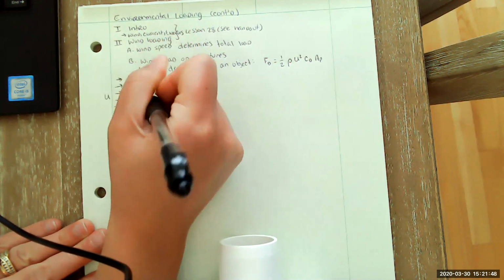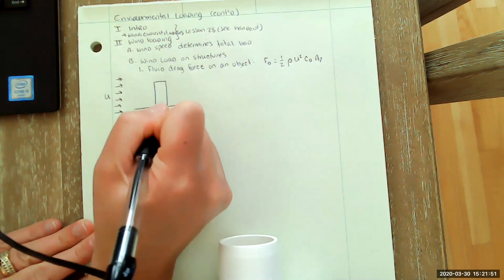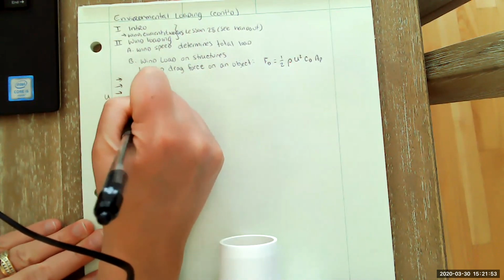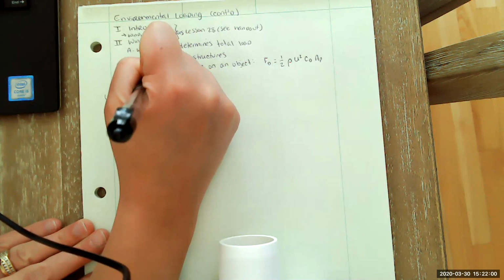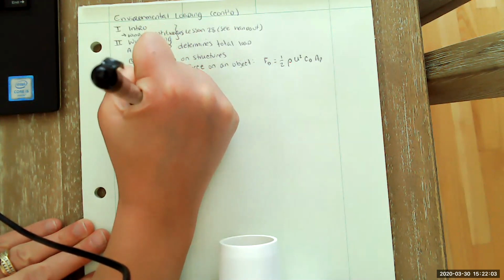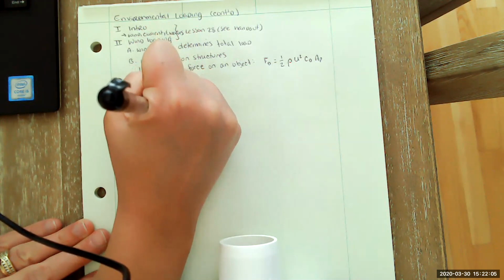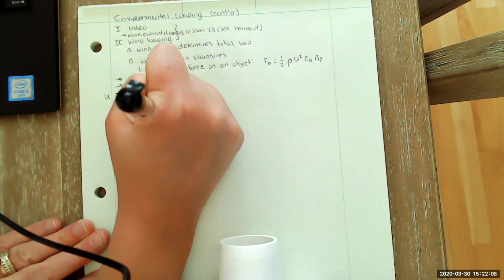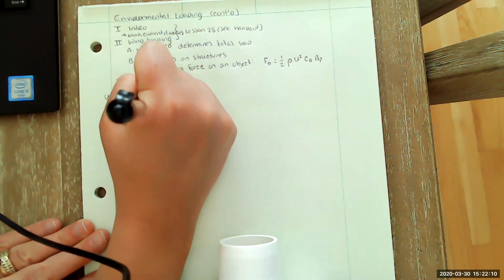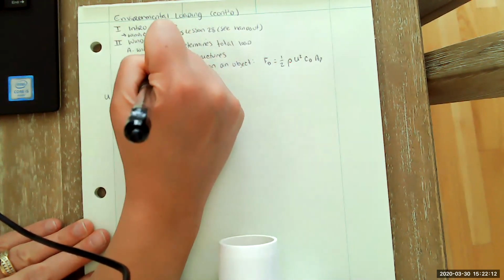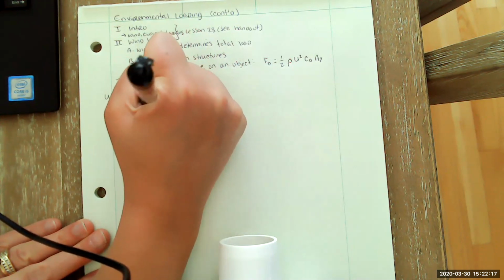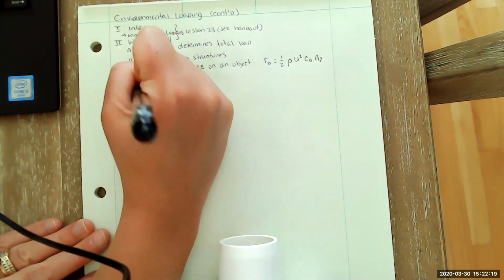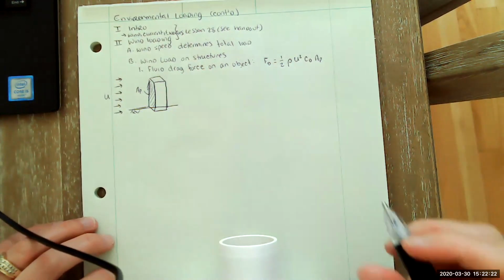Let's see how well I can draw in 3D. The answer is not very. But let's say our structure is here. Ground elevation. And here we have our area that is exposed to the wind. We call that the projected area.